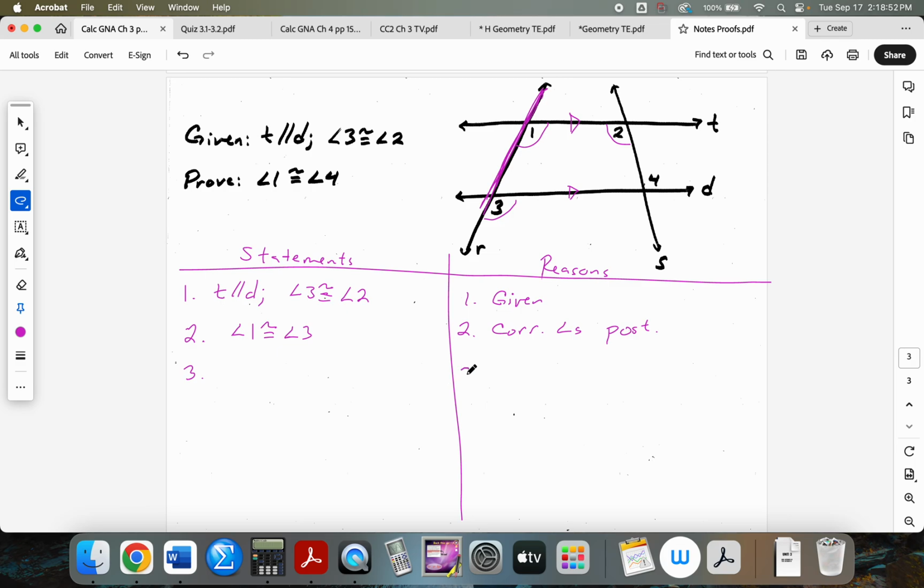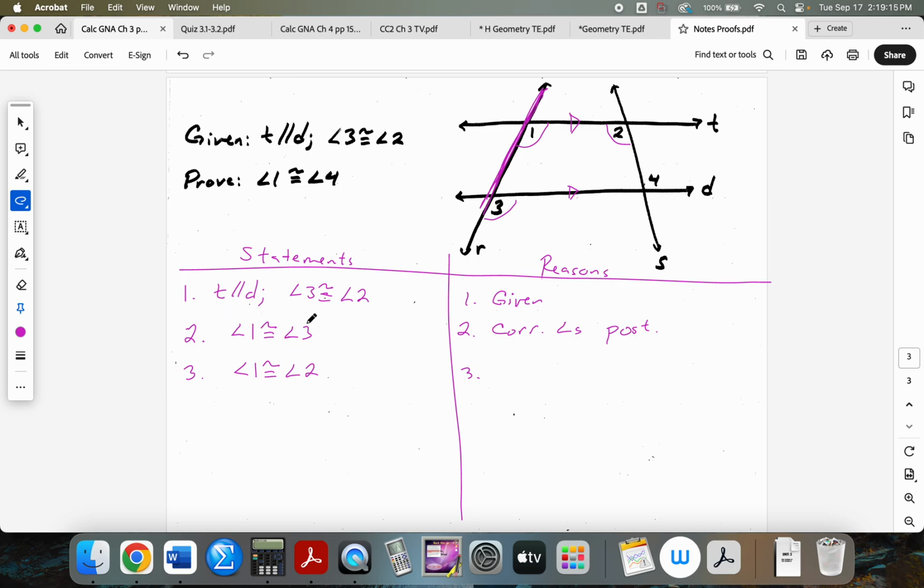Well, let's see what I can do with what I know. If I know angle 1 is congruent to angle 3, and angle 3 is congruent to angle 2, what can I say then? Yeah, I can say that angle 1 is congruent to angle 2. Perfect.